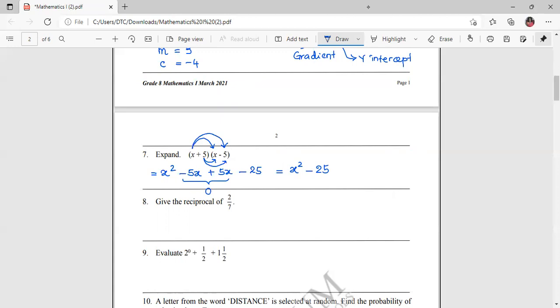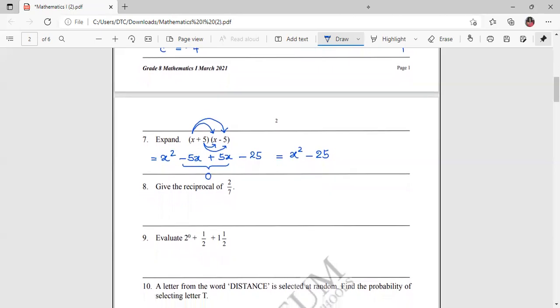When you see the format (x + 5)(x - 5), straight away you get the square of x and the square of 5, with a negative sign in between, that is the difference, right? Because 25 is the square value of 5. So x squared minus 25.